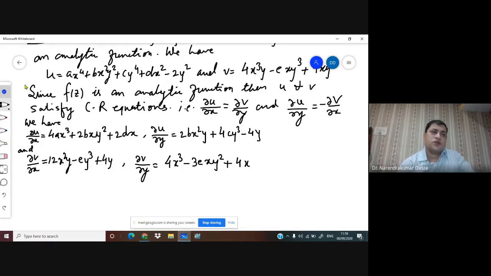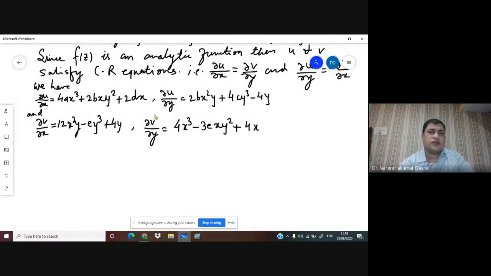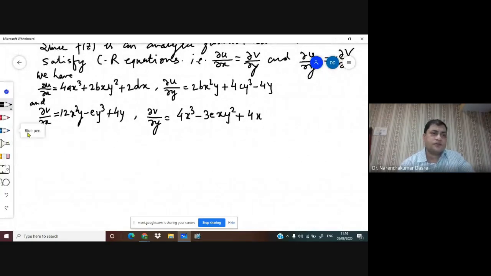Okay, so you can see these derivatives we have calculated, and now we have to consider these equations one by one. We will consider this equation first, and then this equation. So now we have du by dx is equal to dv by dy.